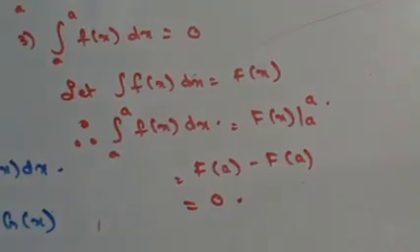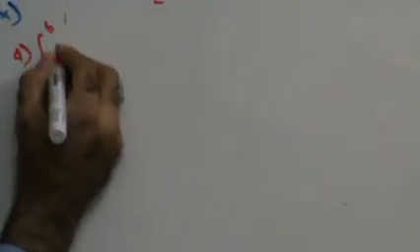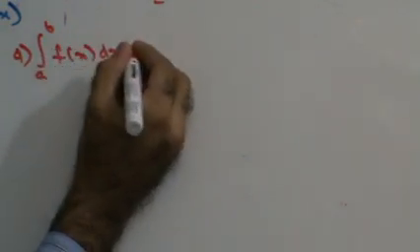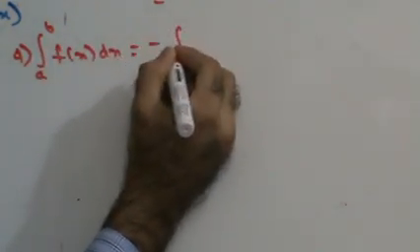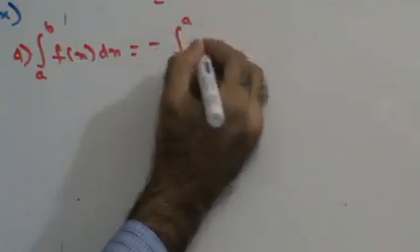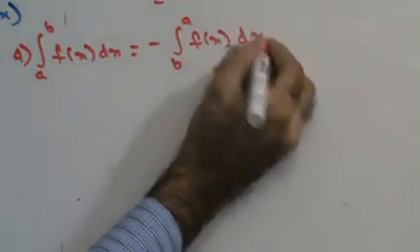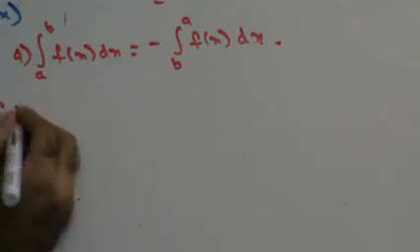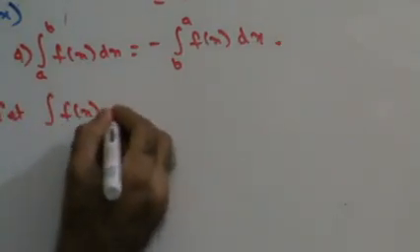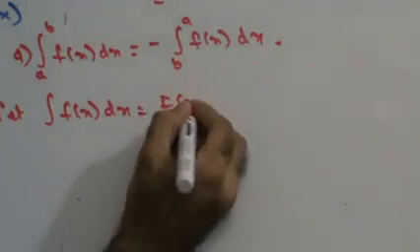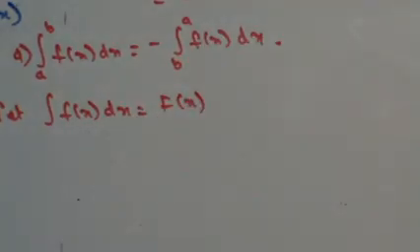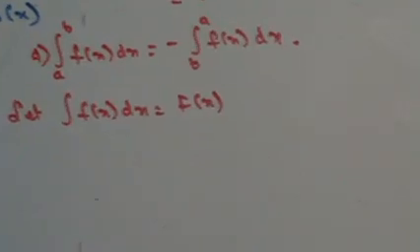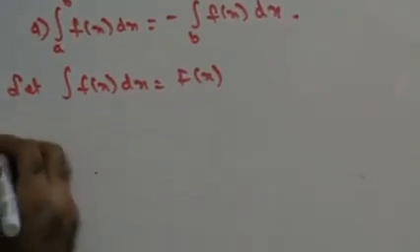Next, let's see another theorem, guys. The integral from a to b of f of x dx is minus the integral from b to a of f of x dx. Same way, guys, let us assume that the integral of f of x with respect to x is capital F of x. Therefore, let's consider the LHS.